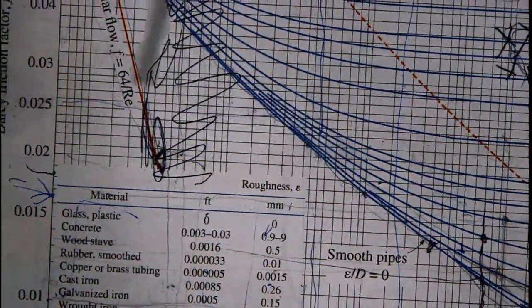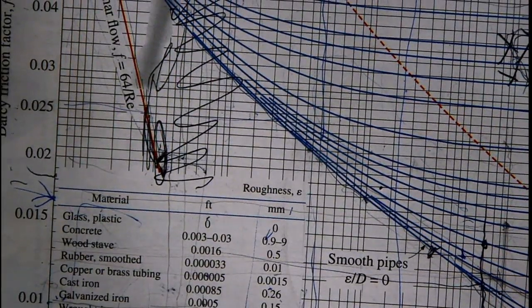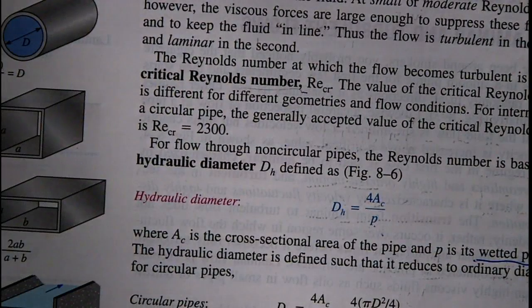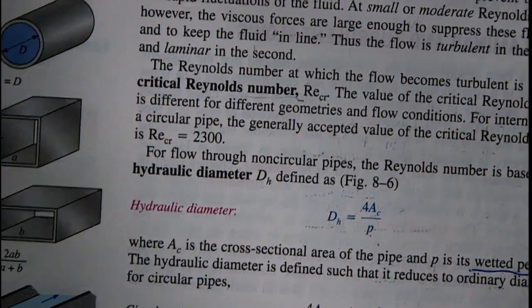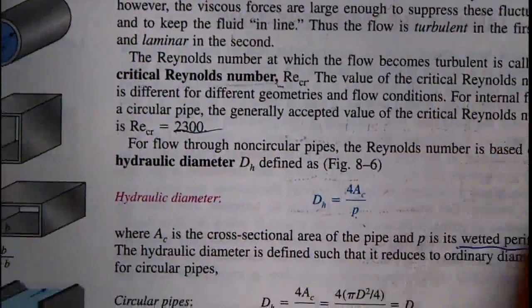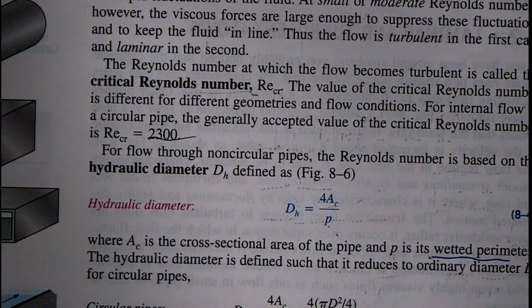So I'm looking at a critical Reynolds number of maybe 2,000 up to about 6,000, 7,000, 8,000 for pipe flow. Anyway, your book says 2,300. When I was growing up, it was 2,100. So, you know, what can I say?